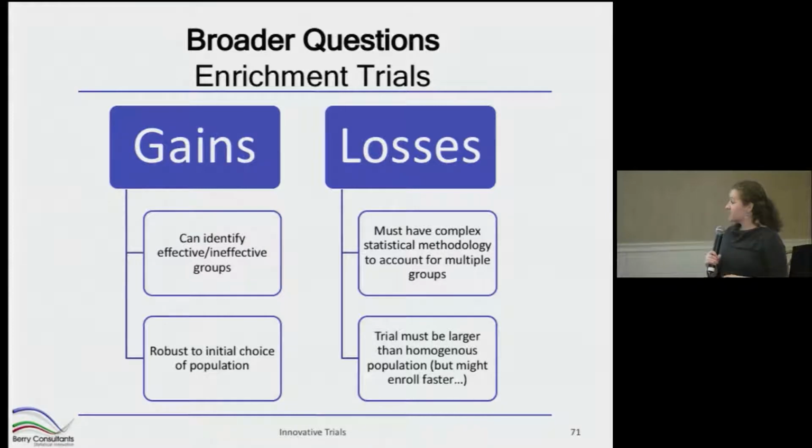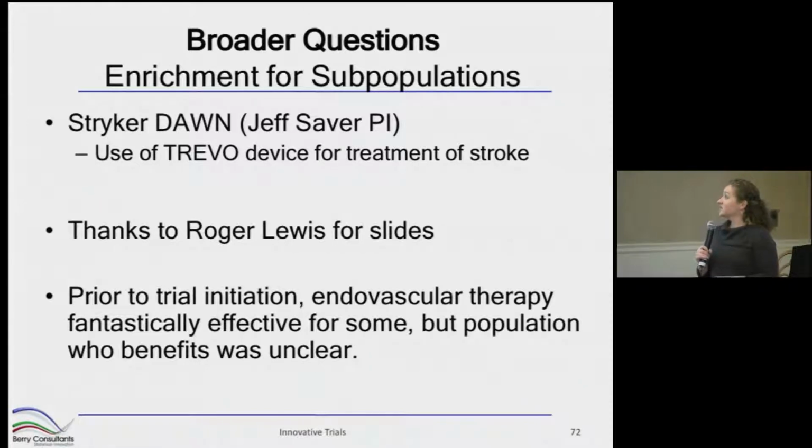These trials tend to be larger than if we were just doing a trial in one homogeneous, focused population. But then, of course, the potential benefit of that is it might be easier to enroll because we've now got broader inclusion-exclusion criteria.